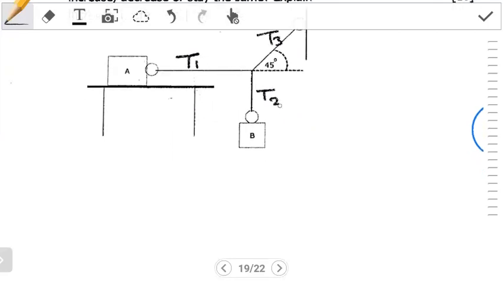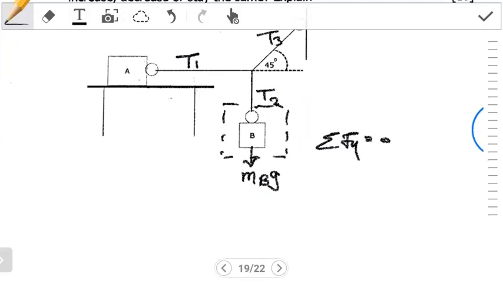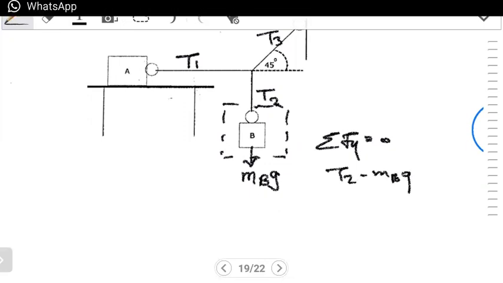So to get T2, all we have to look at is the mass of B times the weight. If we sum the forces in the Y at this point, they should add up to 0 if it is to be in equilibrium. This means that T2 going up minus MBG going down must be equal to 0.